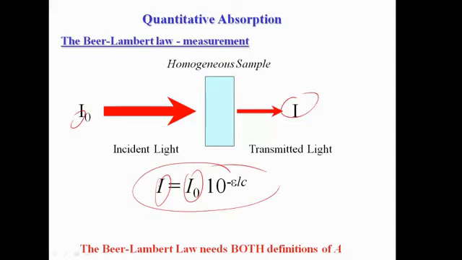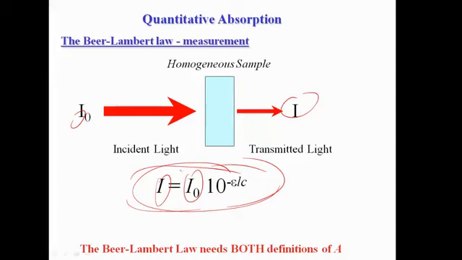You can derive this, as it comes from a first order rate law, but we're not going to do that. You just have to accept from me that that's what is given. So I is equal to I0 10 to the power minus epsilon, the molar absorption coefficient, L, the length of the path cell, and C, the concentration.